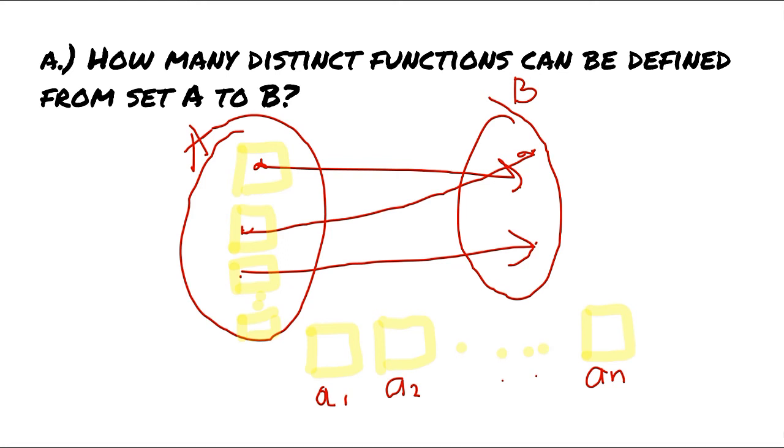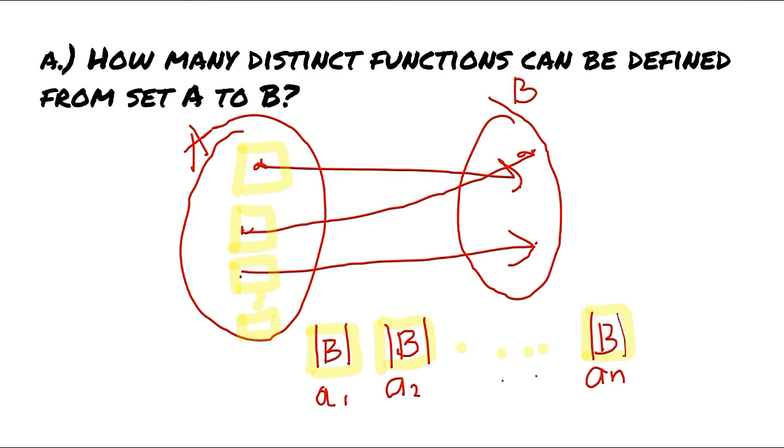So this is the cardinality of B, the number of unique elements of your codomain. The same with A2. Remember that in a function I could repeat the assignment, and so on up to n.